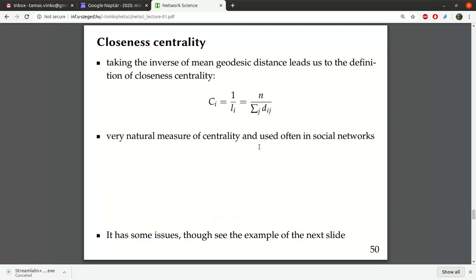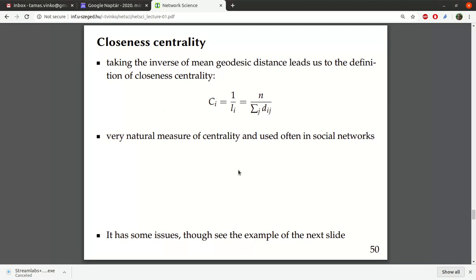Instead of having a low value, we can of course take the inverse or the reciprocal of these averages and then simply get this expression here. So in this case, the important nodes which have a short mean distance from the other nodes will have a higher value. And we can denote this with capital CI, and this is called closeness centrality.